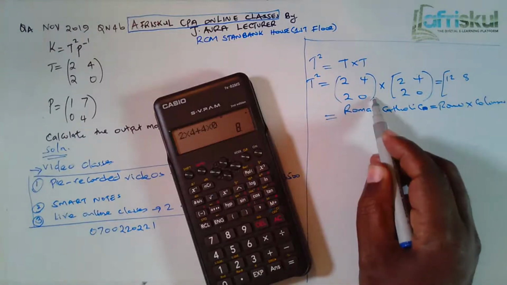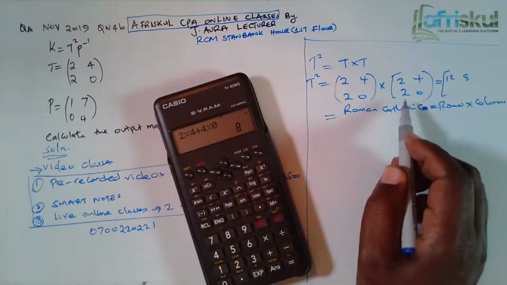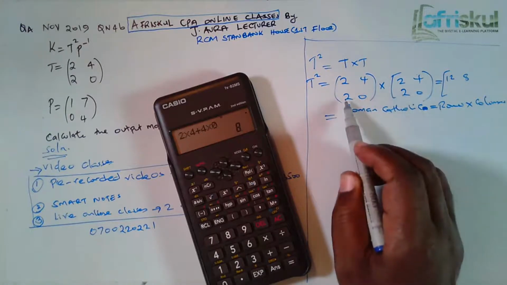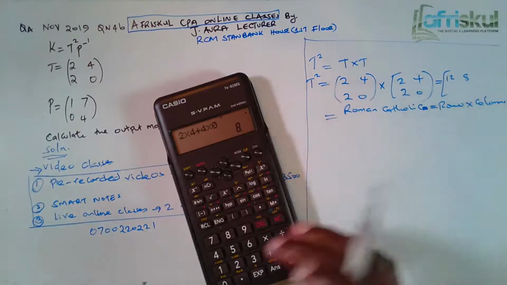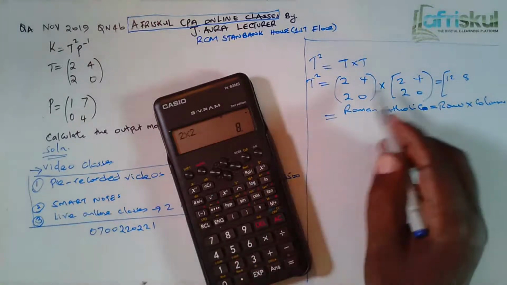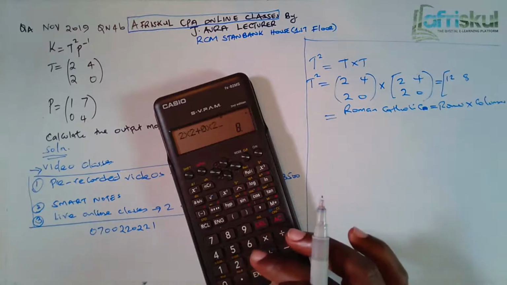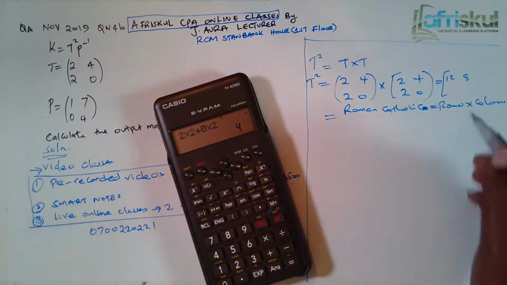From there, we go to the second row, which multiplies the first column. How do we do it? First ones multiplied plus second ones multiplied. Please do it with me. 2 by 2, plus 0 by 2, which gives me 4.